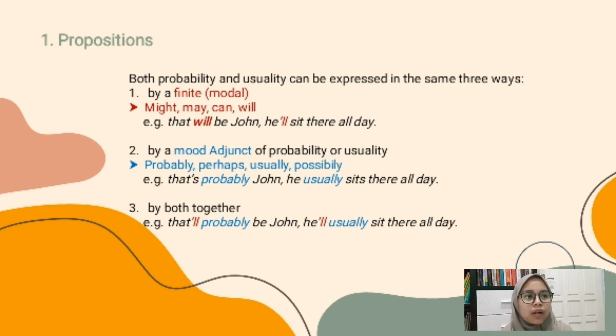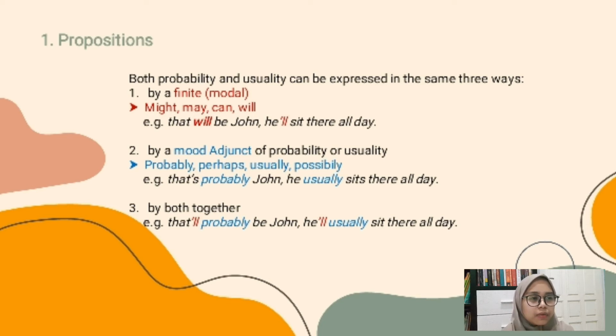And the second one is by a mood adjunct of probability or usuality, like probably, perhaps, usually, or possibly. You can see the example, that's probably John. He usually sits there all day. Probably belongs to mood adjunct of probability, and usually belongs to mood adjunct of usuality.